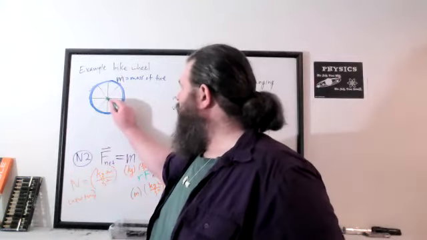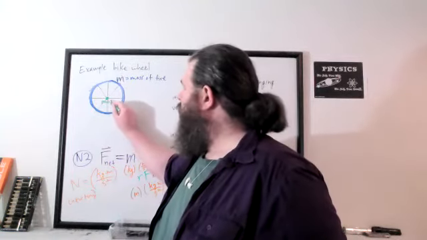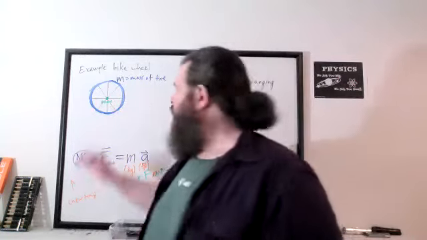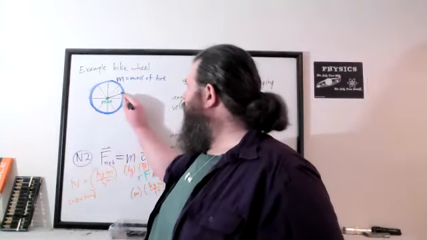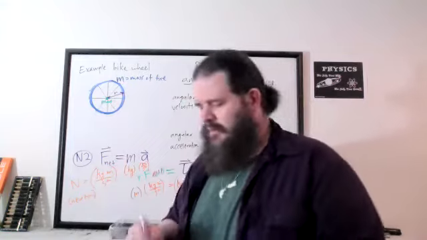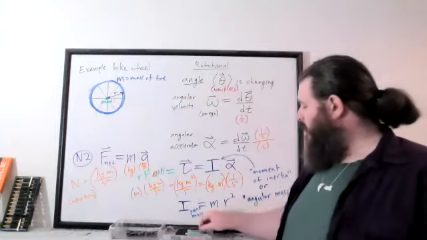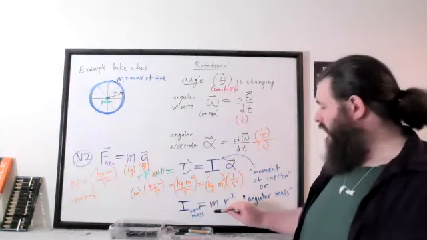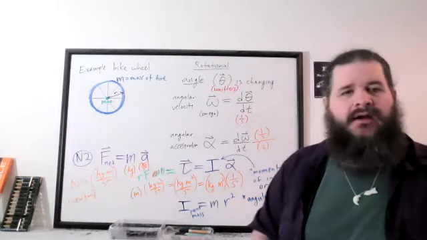So this axle would be the pivot point. And then R would just be the radius from the pivot point out to the edge. That means we can write the moment of inertia of this as mass times radius squared, because all the mass is at the same radius from the center.